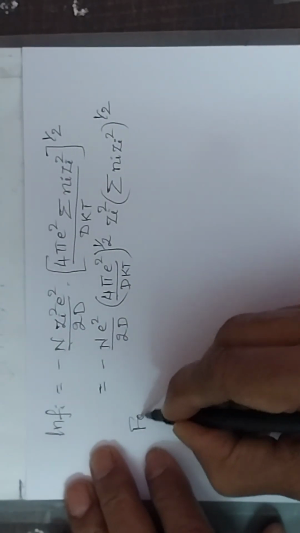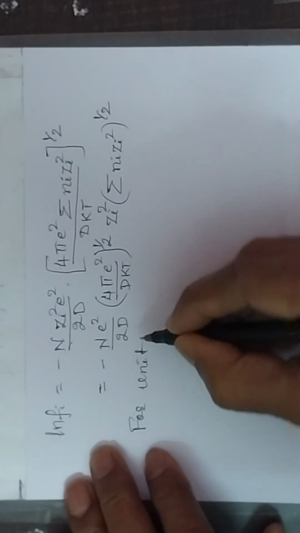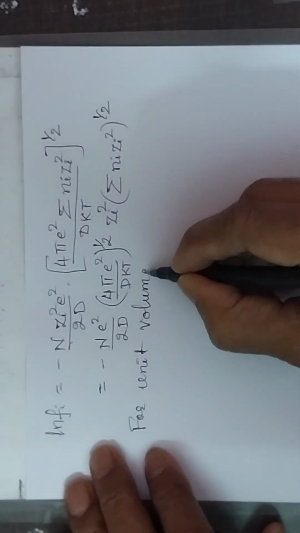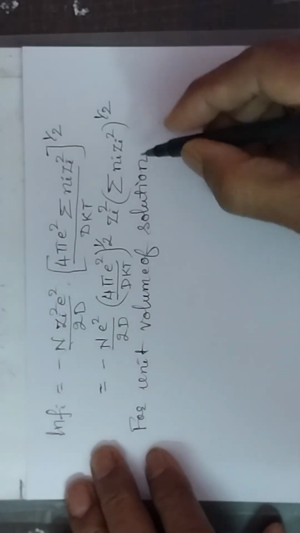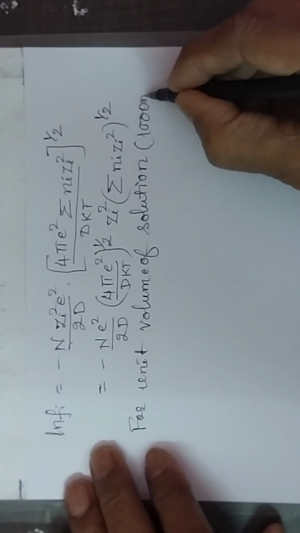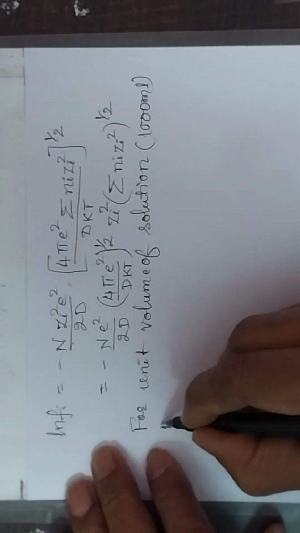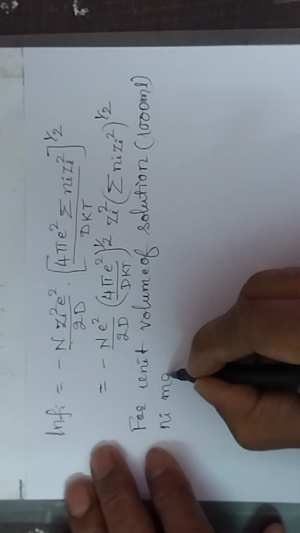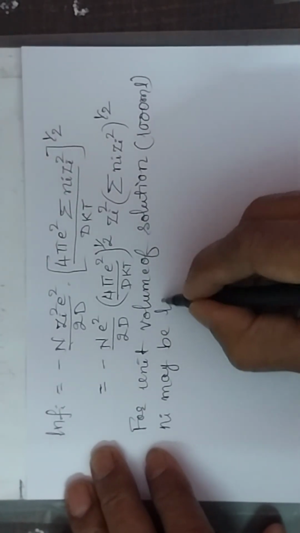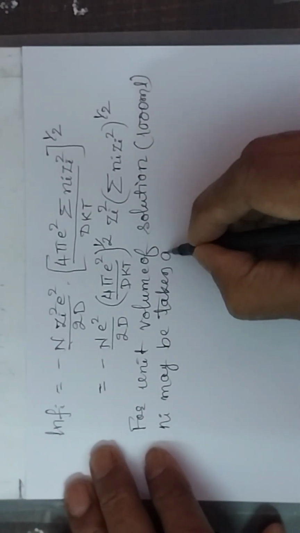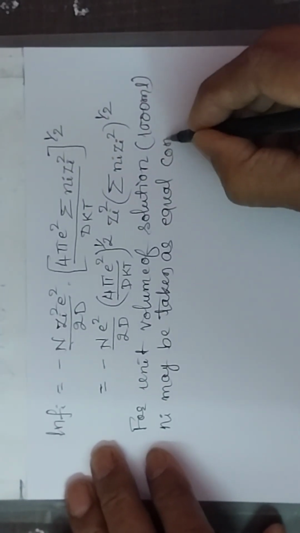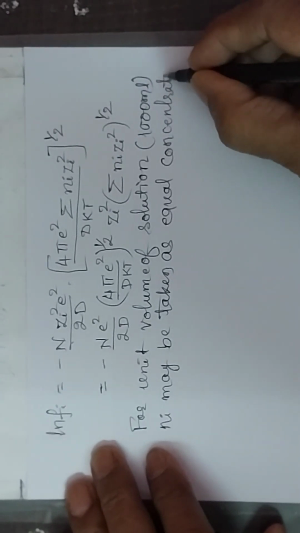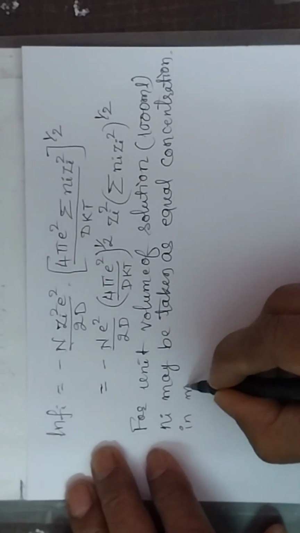For unit volume of solution, suppose 1000 ml, ni, that is the number of moles, may be taken as equal to the concentration in moles per dm cube.